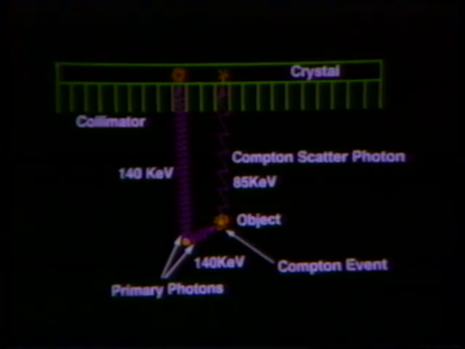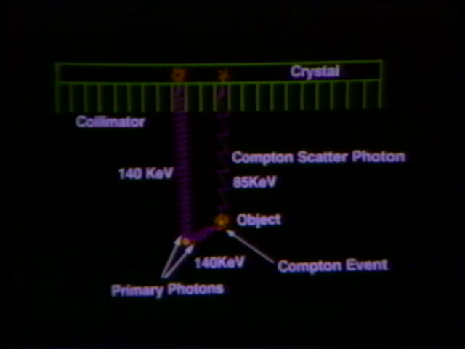Many of the photons are scattered as they travel through tissue, losing some of their energy and at the same time changing their direction. If we used every event detected to create an image, we would have a significant loss in resolution due to Compton scattering.